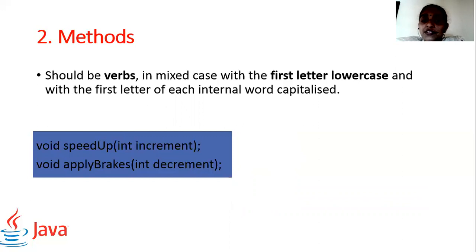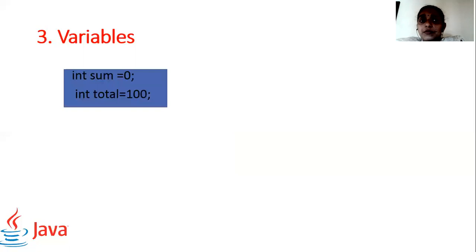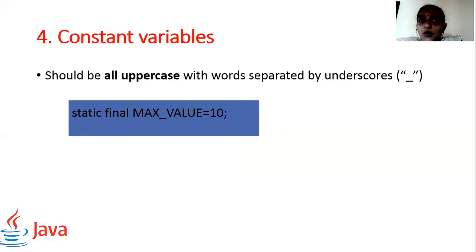The same applies even for the next method, applyBrakes. Next is variables. Variables in Java should always be in small letters. Be it a single word variable like int i equal to 0, i should be in small letters. You have a larger one like sum or total, it should be only in small letters.